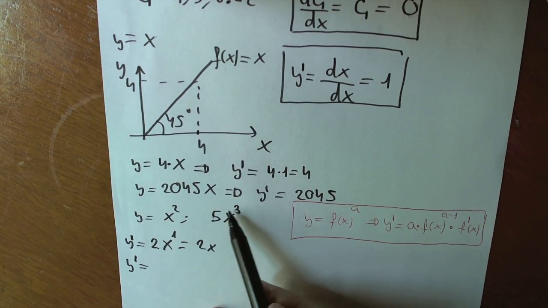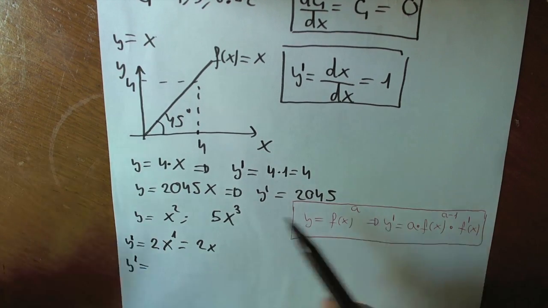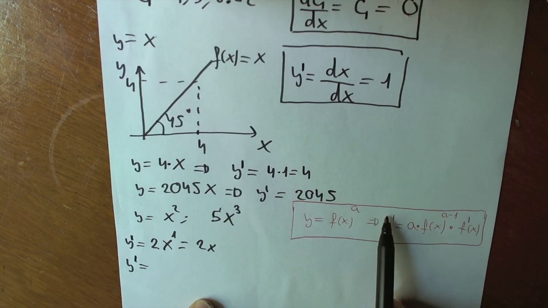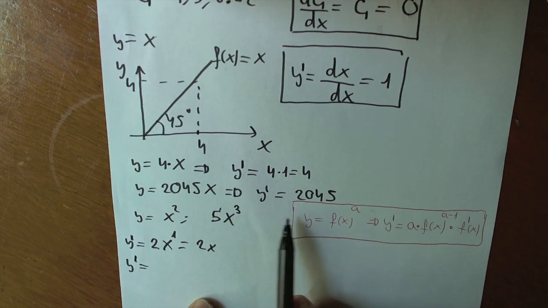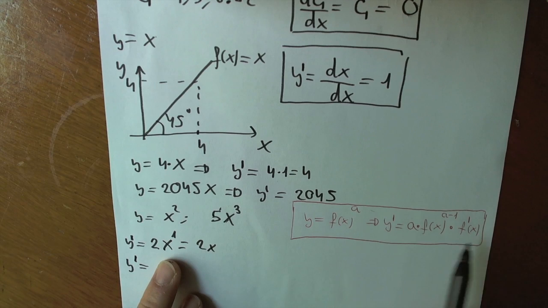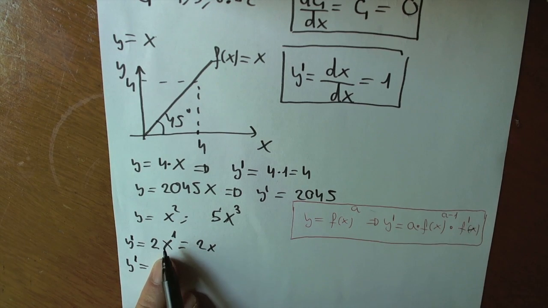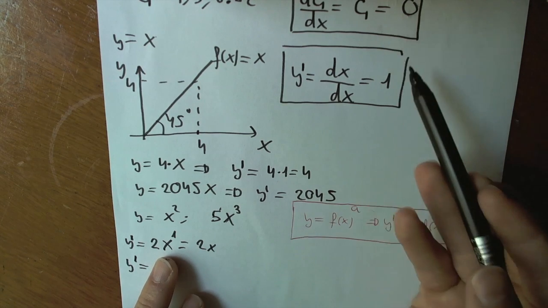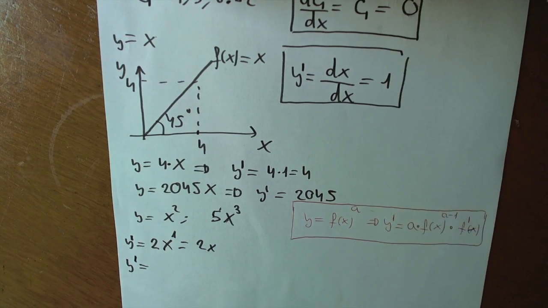We derive x to the power 3, and multiply everything together. Applying this formula, we identify f(x) as x, and here we also have to multiply by the derivative of f(x). But if f(x) is x, the derivative of x is 1, as I told you before.